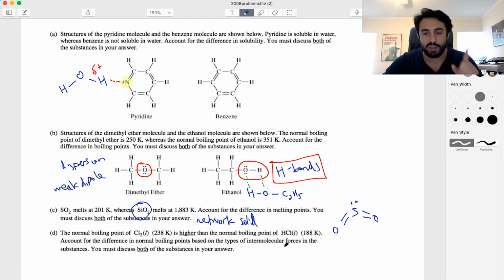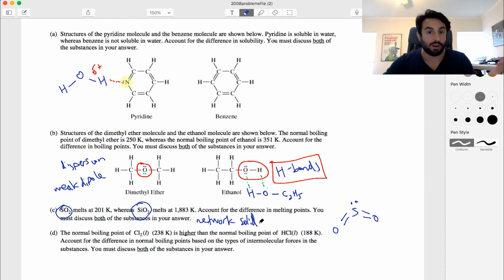In order for SO2 to boil, we have to disrupt the intermolecular forces between SO2 molecules, right? The slight dipole-dipole interactions that they're making. Whereas to boil SiO2, we have to break covalent bonds to get all of those atoms pulled apart.